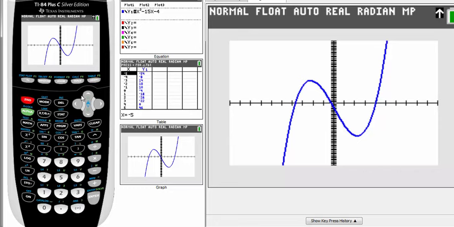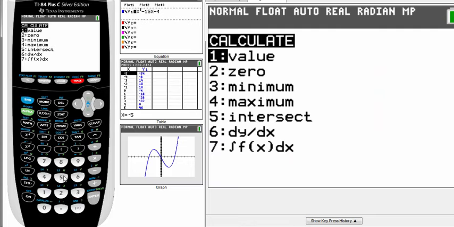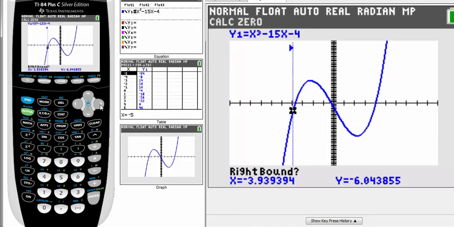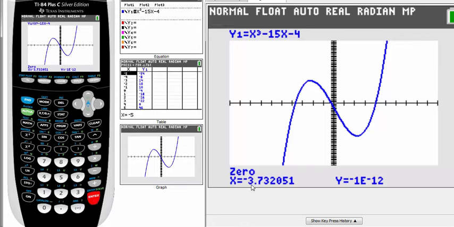Now if I want to find out exactly what they are, I go second calc, choose my 0, and I'm going to do left bound. Let's go clear to the leftmost 0. Right bound, and just hit enter one more time, and here it is, negative 3.732051.